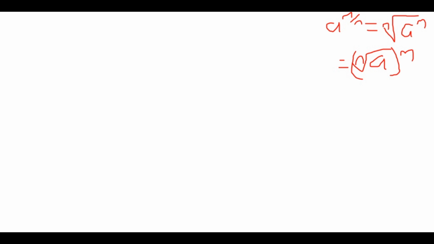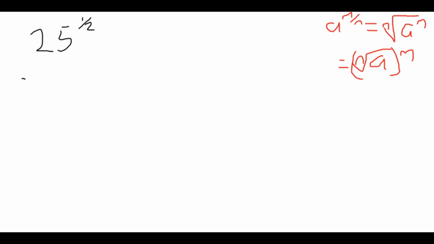Now let's use this to solve some examples. If we have 25 to the power of 1 over 2. Now remember what I said, that 1 over 2 can also be said to be the square root of the number, or a number to the power of 1 over 2 is the square root of the number.